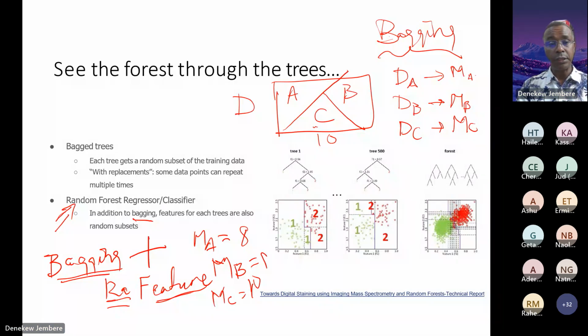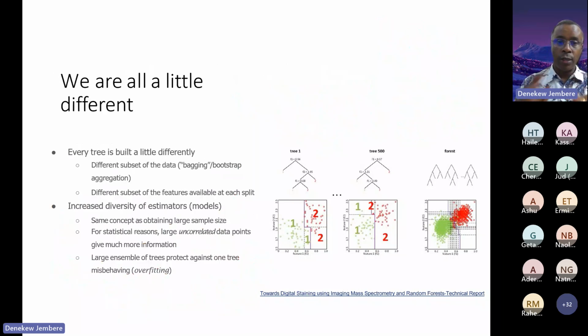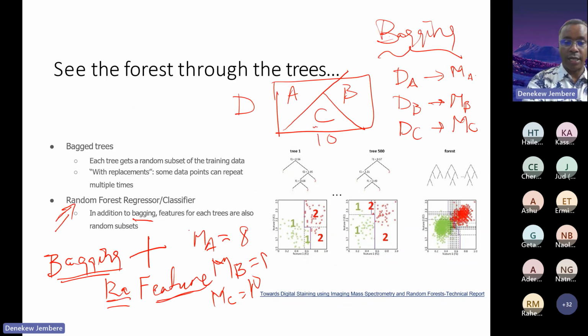So again, bagging means ensembling. You would be generating multiple models. If you are generating multiple models, which contribute to the overall prediction, having multiple trees, then you are using ensembling techniques. In this case, each tree or each model that you generate is going to be completely different from each other, right?